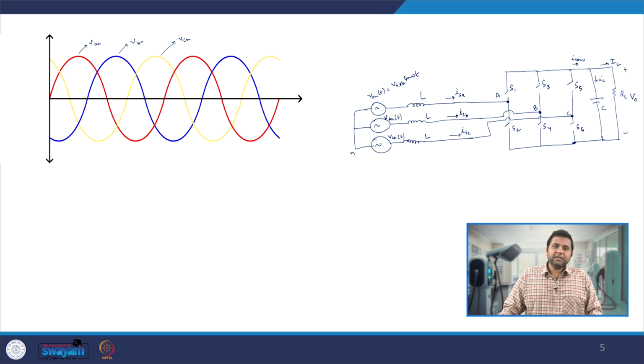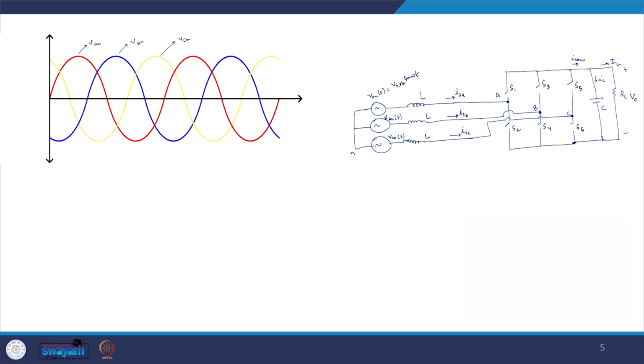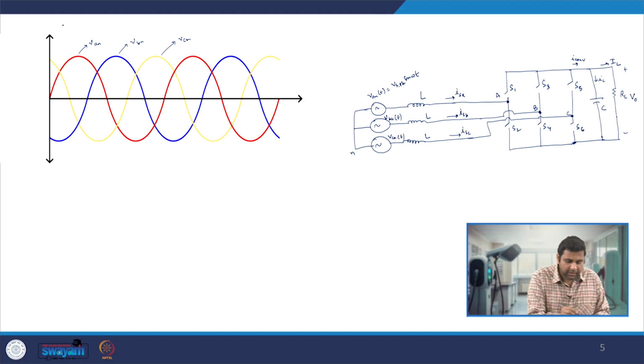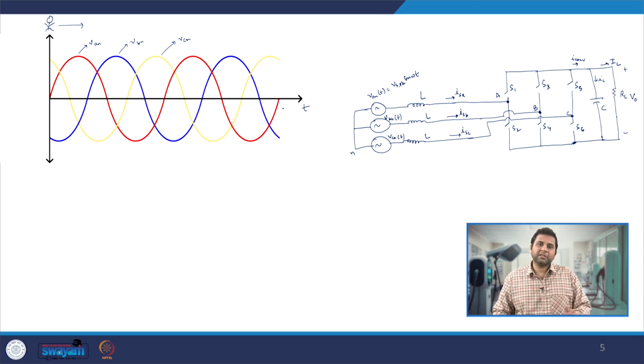Now, let us see a very simple thing where we define a reference frame. If you consider yourself as the reference frame and you are moving in this direction like this, with time t, and these 3 voltages are varying sinusoidally with respect to time.